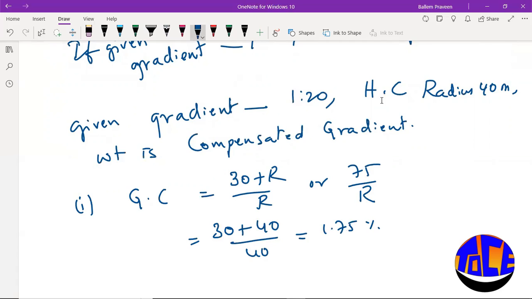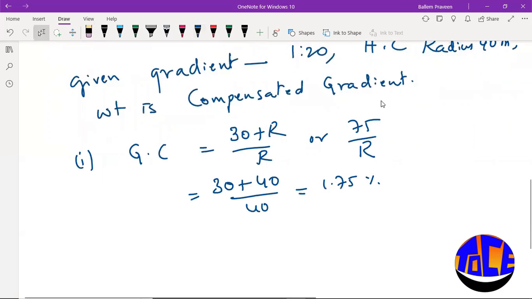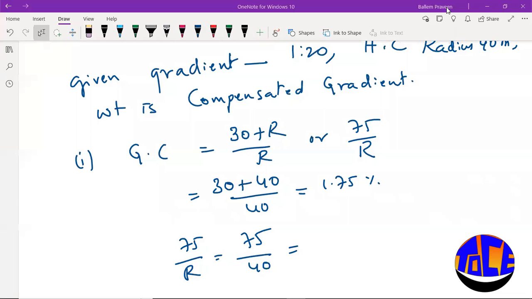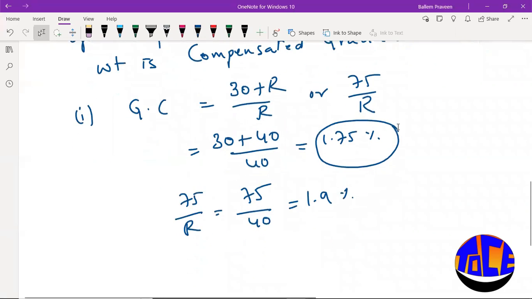The second formula, 75 divided by 40, is equal to 1.9%. So the least value is 1.75.